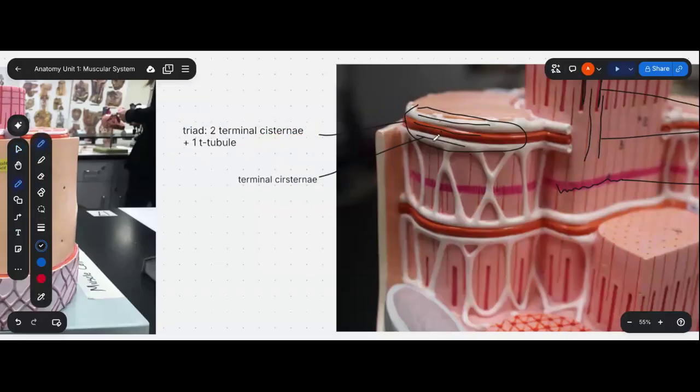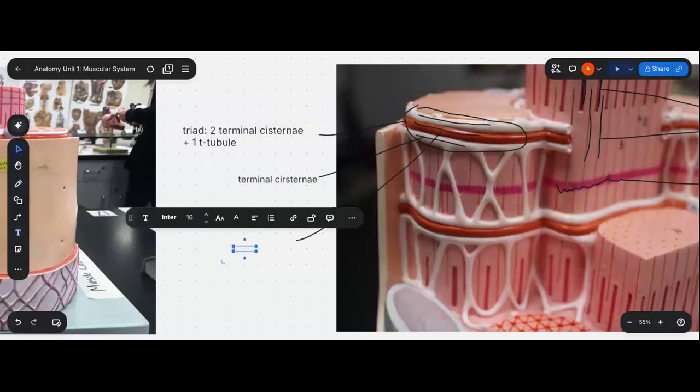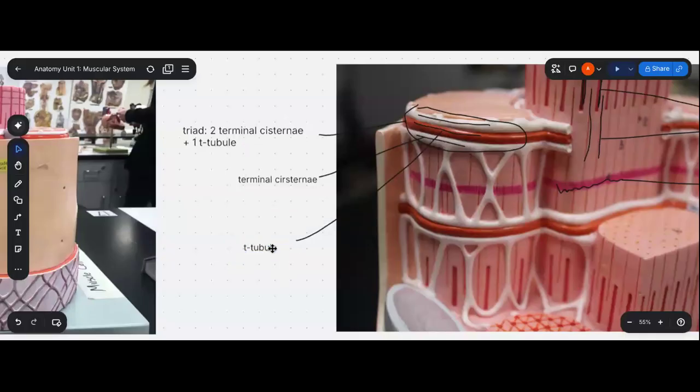And again, the orange one is the T-tubule. I often think of it as looking a little bit like a hot dog. The white, aka the terminal cisternae, is like the bun of the hot dog, and then the orange is the hot dog itself that is in the middle of the buns. You can also think of it as a sandwich or something like that.